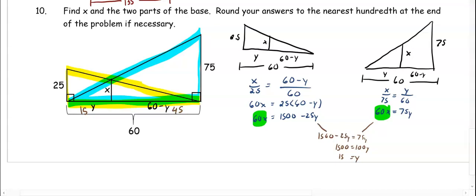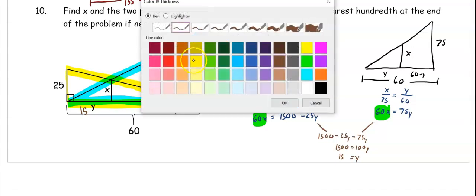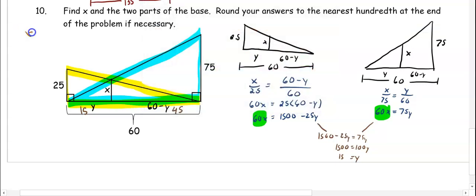We still need to find x, so now that we know the value of y, we can substitute back in to find x. So I'm going to take the second problem because it's a little less math involved. So x over 75 is going to equal y over 60, but we now know y is 15.